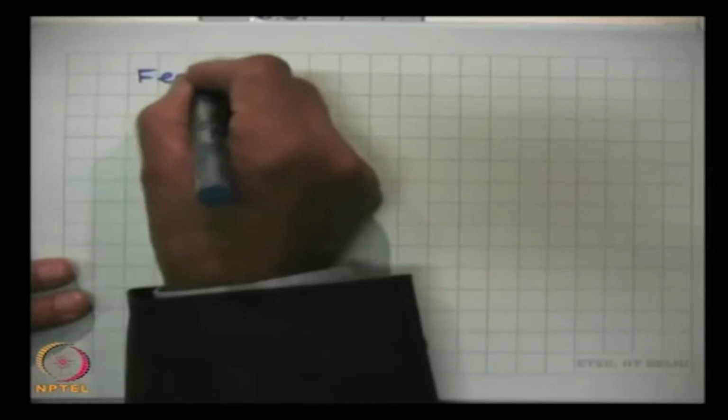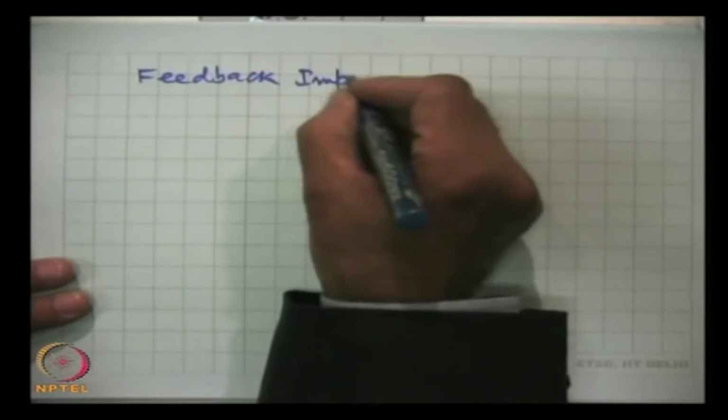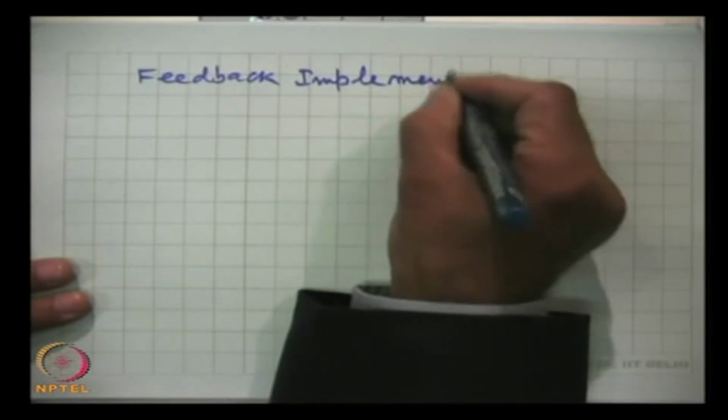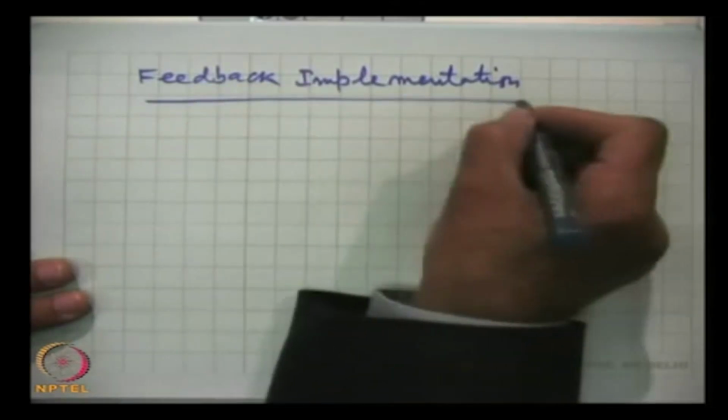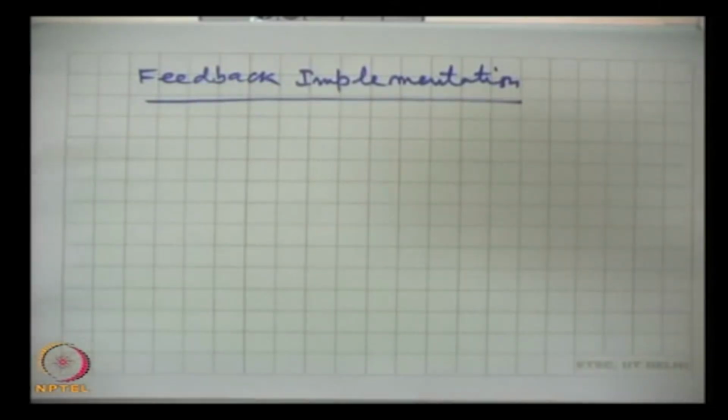Now, the last thing about feedback is feedback implementation. So far we have been drawing the block diagrams for the feedback circuit.